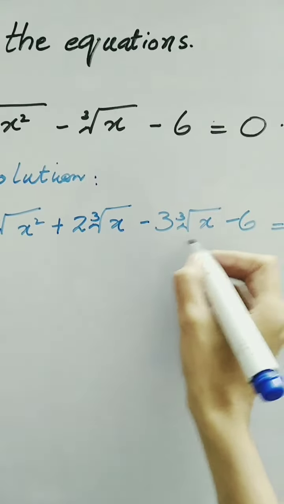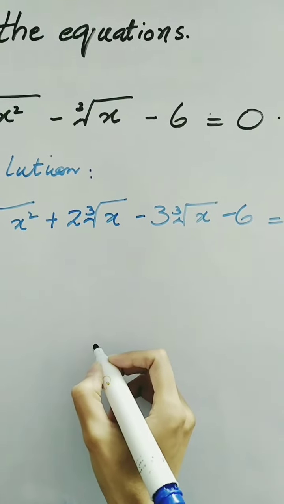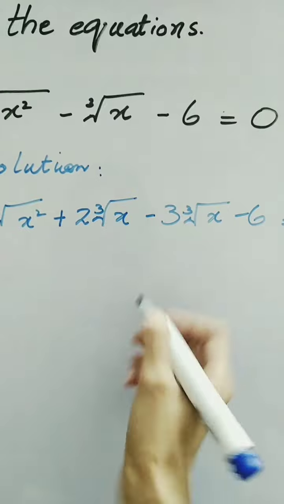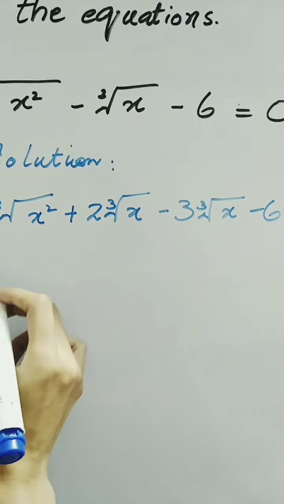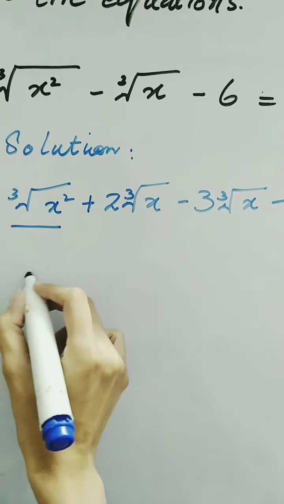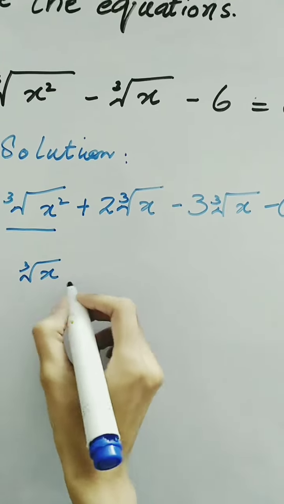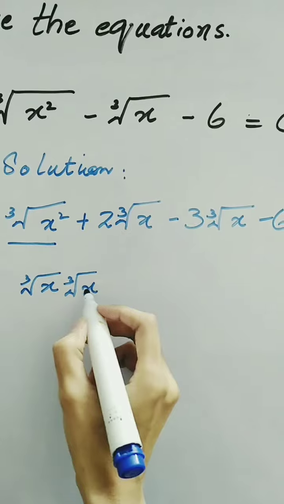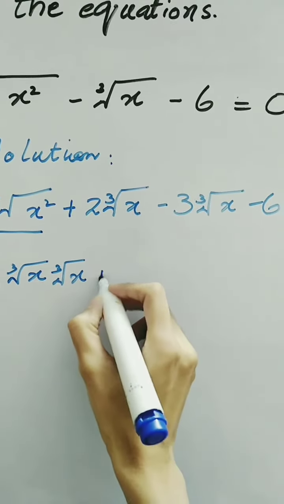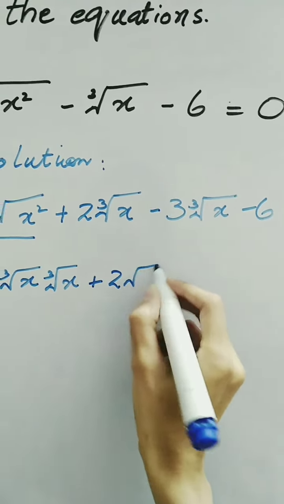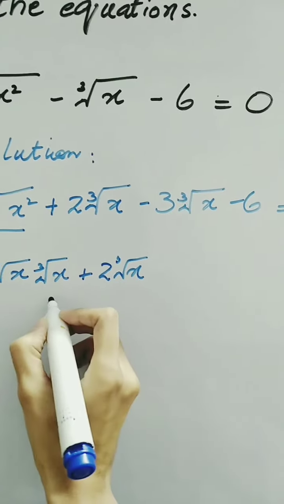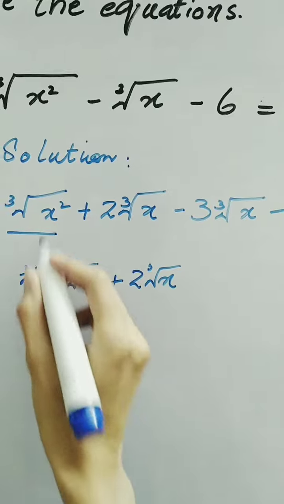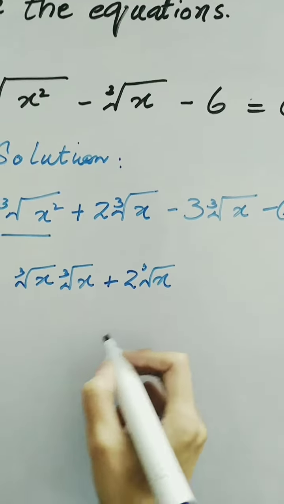Minus 3 cube root x plus 2 cube root x is equivalent to minus cube root x, as minus 3 plus 2 is equal to 1. This means cube root x times cube root x, which means cube root of x², plus 2 cube root x. I have written this in order to make things more clear.